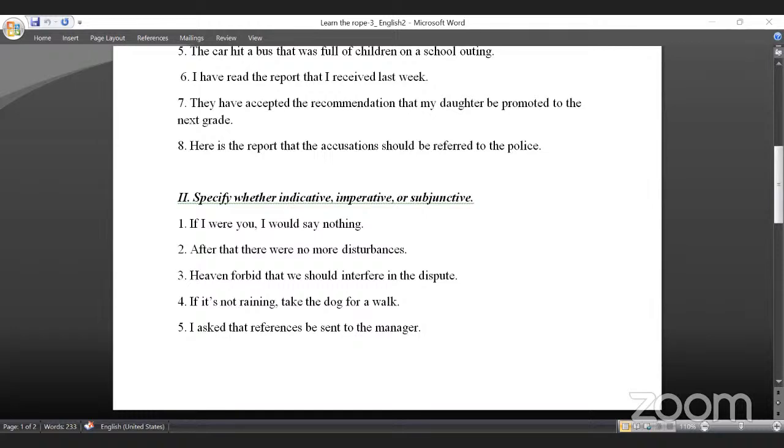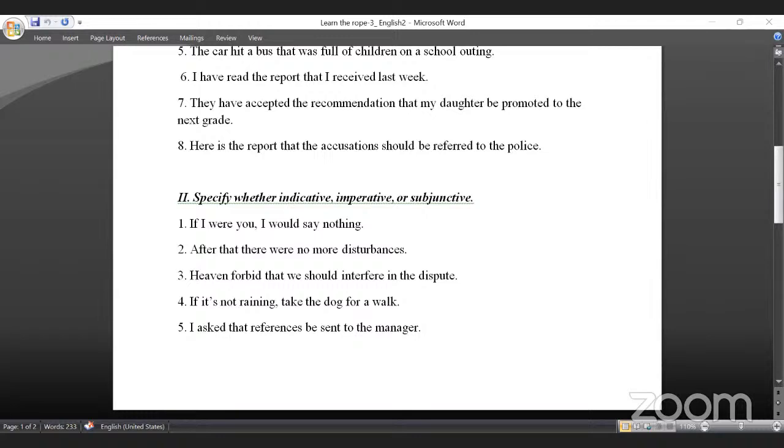And imperative mode is for imperative sentences, which are used in English to show command and request. Get this part clear? Anything like stop them, sit down, call the police, all of them are going to be imperative mode.